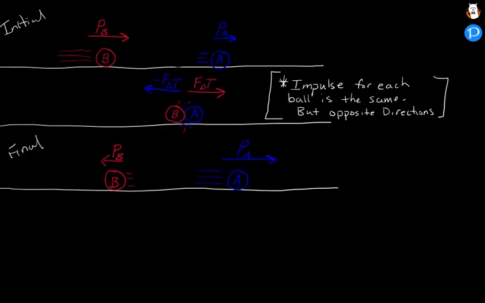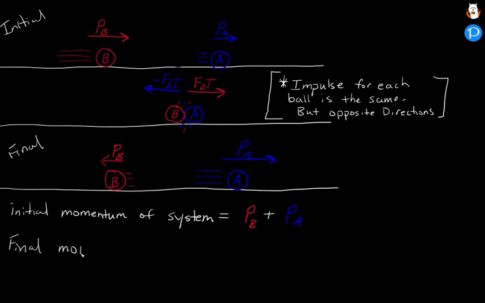My initial momentum of the system would be equal to the momentum of B plus the momentum of A. So this plus this would be the total momentum of our system of ball A and ball B. And then my final momentum of the system would be, here's how we would write this.